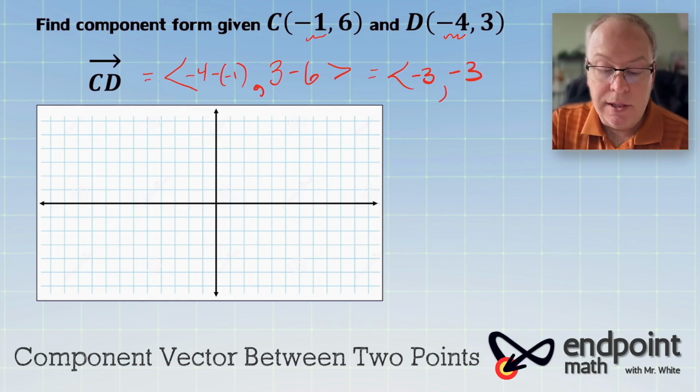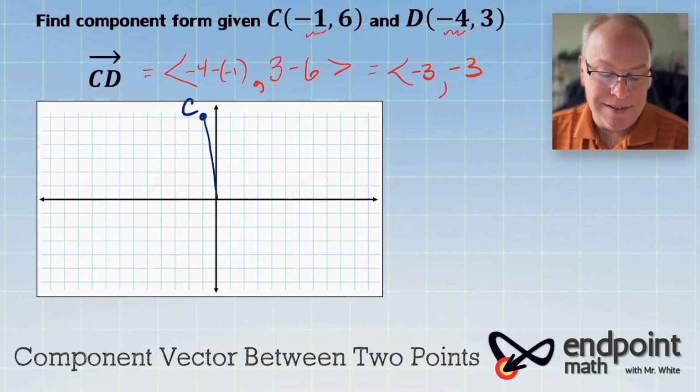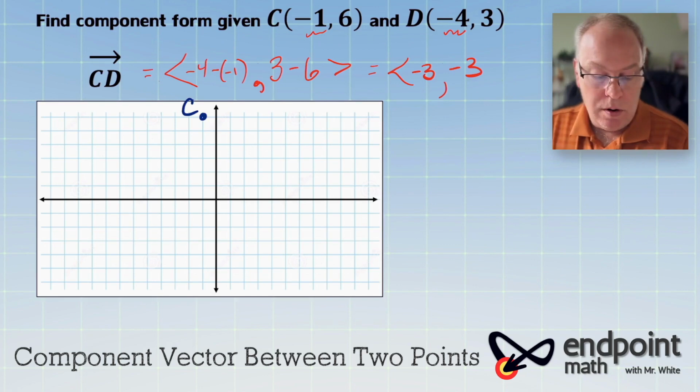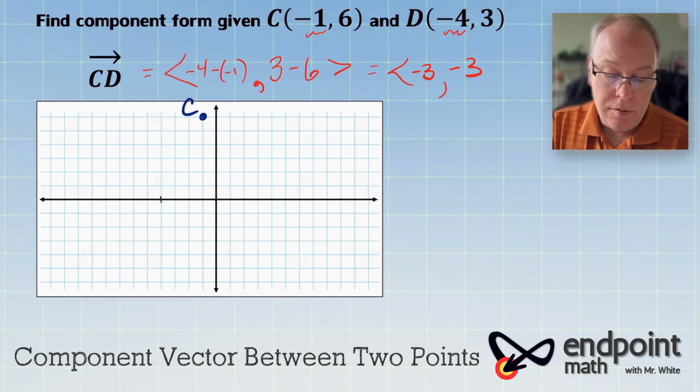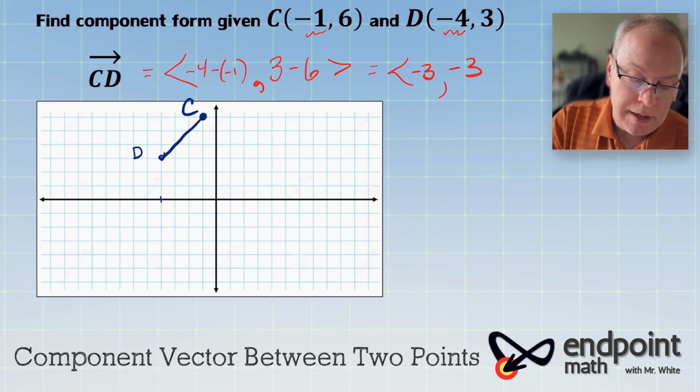All right, so actually let's go through and graph these. So (negative 1, 6) is right here. Here's C. So here's the C point, now it's not a vector. And then the D point would be (negative 4, 3), which would be right here. Here's D. And we are going from C to D, like this.